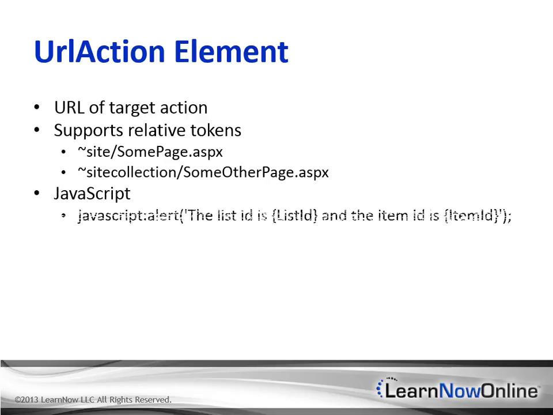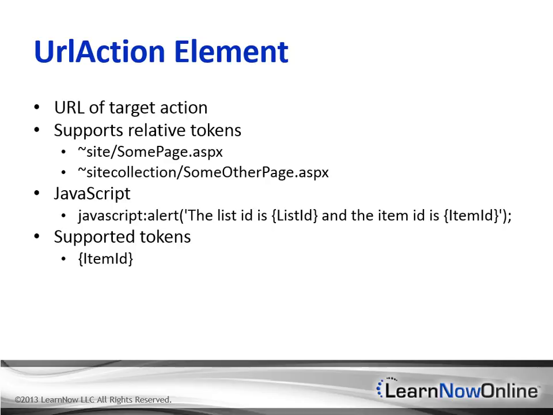And then also you can use JavaScript, and you can have code that will execute. And you can also, this is interesting, pass in tokens. So like right here, this JavaScript alert is on a list item, so we get the list ID token and the item ID token.